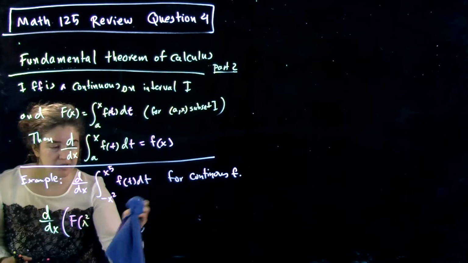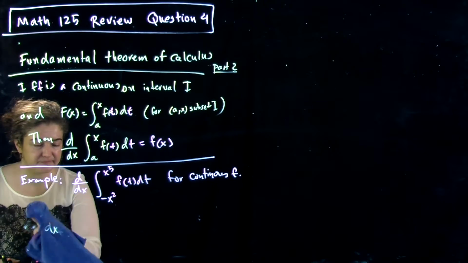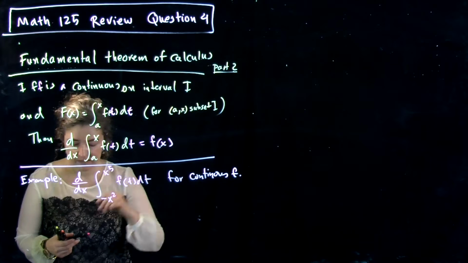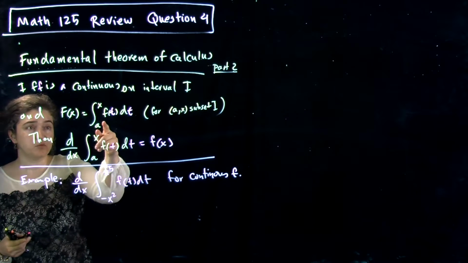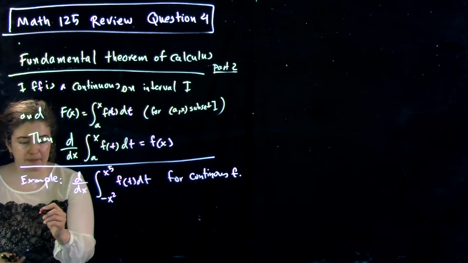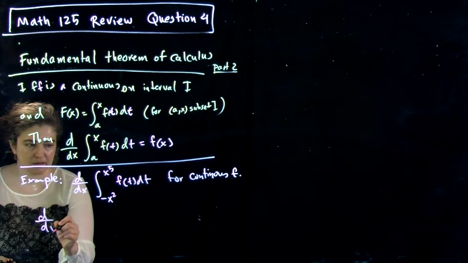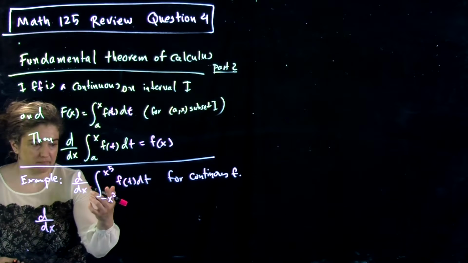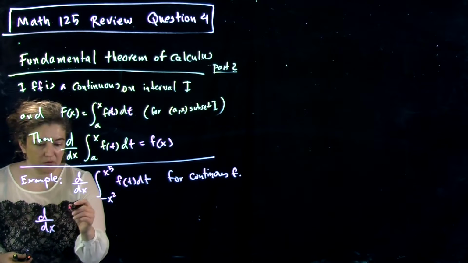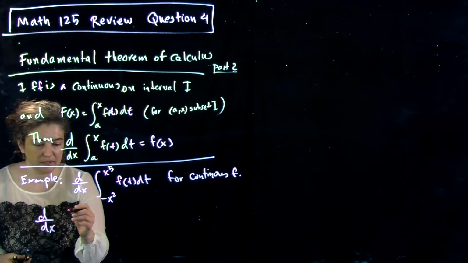Sorry, one step is missing. So first I rewrite it as the accumulative function. So I find something in between. I can find, let's say, 0 in between, or any number in between.